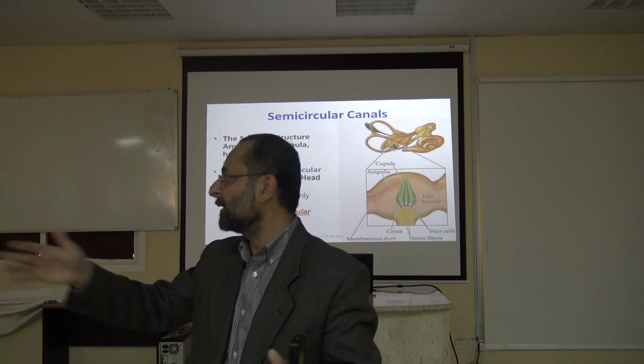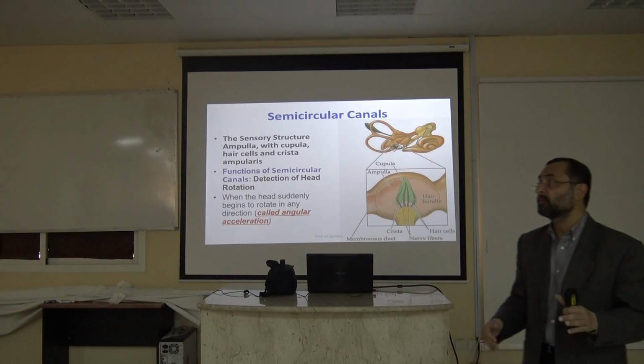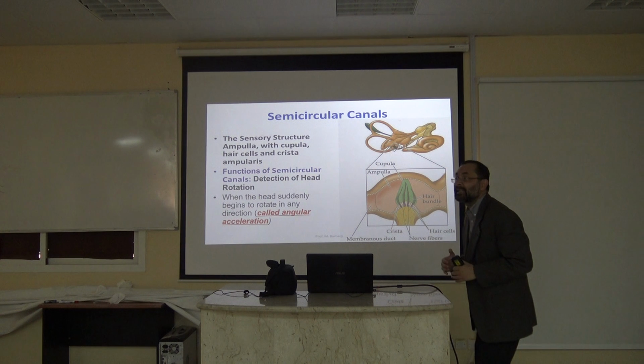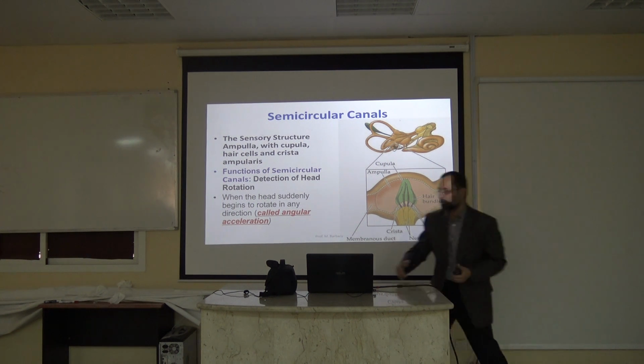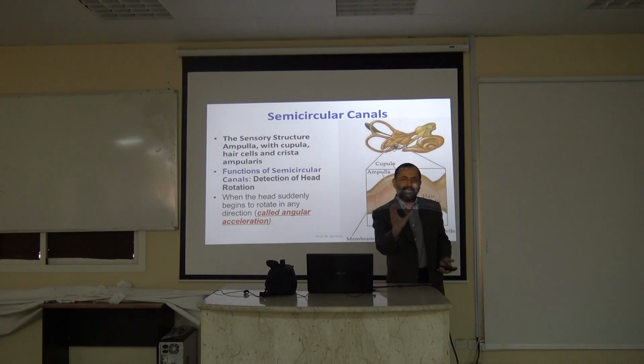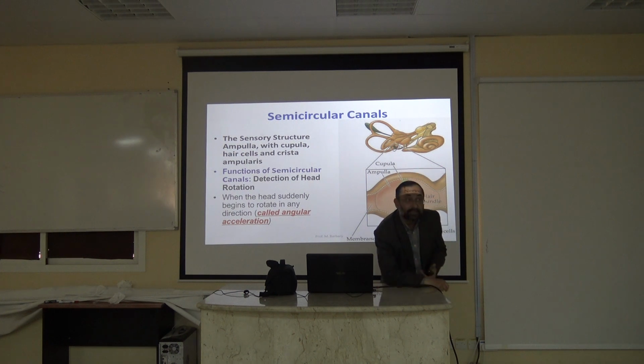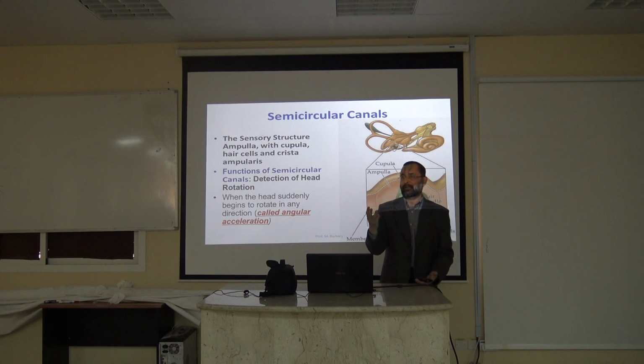If the endolymph is flowing, the structure will move. If the structure moves, mechanically the hair cells or the hair will move. These three organs are present in the ampullae because there are three ampullae. So there are three crista ampullaris.